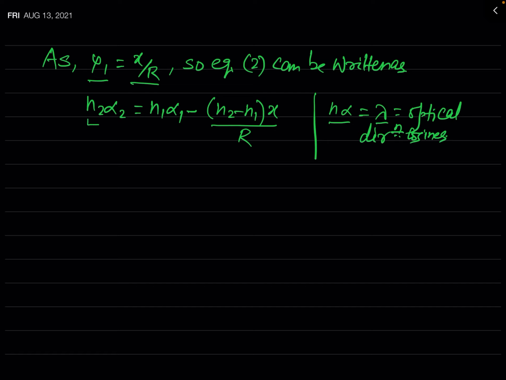So this n2 alpha 2 will be written as lambda 2, and N1 alpha 1 will be written as lambda 1. So you can say lambda 2 equals lambda 1 minus N2 minus N1 times X over R.